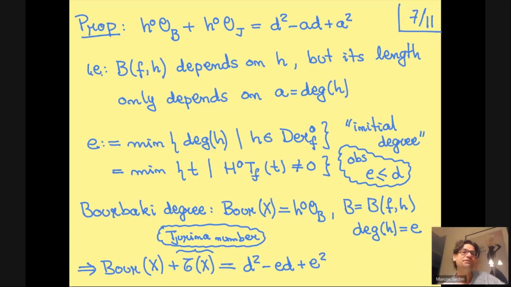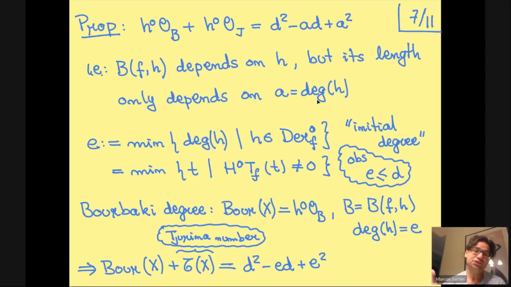And the sum of the lengths of these two schemes is given by this formula that only depends on the degree of F and the degree of the syzygy. So the scheme B itself depends on the choice of the syzygy, but its length only depends on the degree of the syzygy.